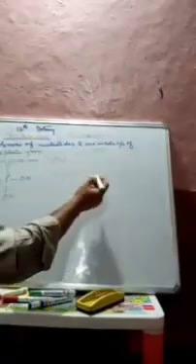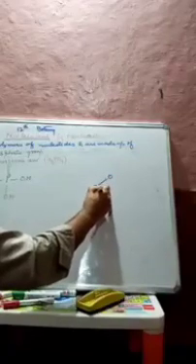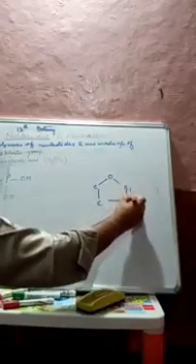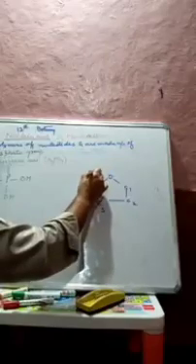For example, we will see how the structure comes into being. Carbon first, carbon second, carbon third, carbon fourth, and then CH2OH.